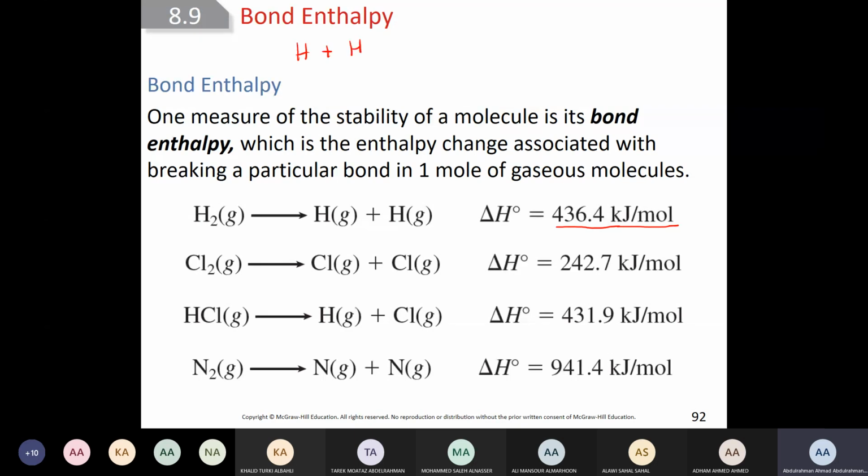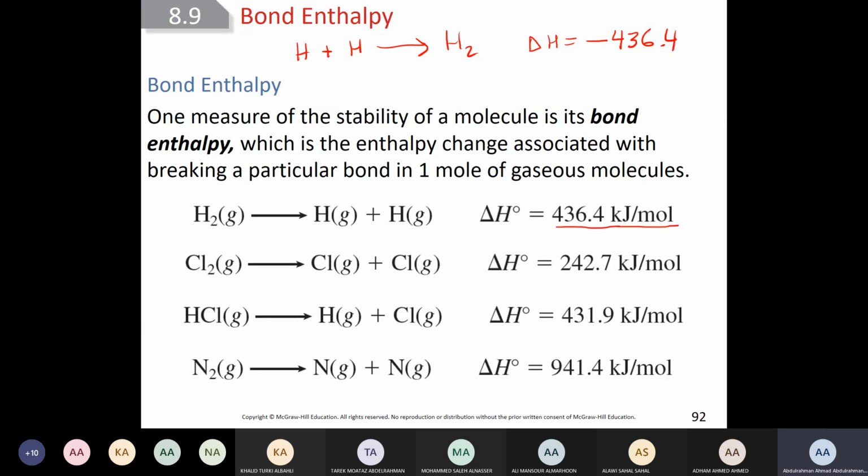Let me ask you a simple question. If I want to make a hydrogen-hydrogen bond, what will be the energy? Negative. The same as minus. It's the same number, but a different sign.